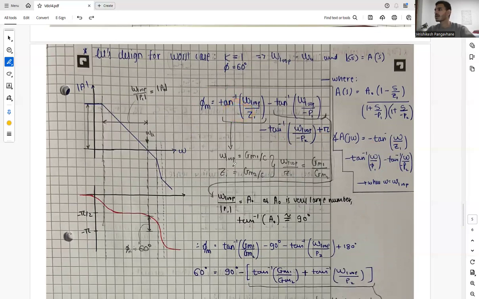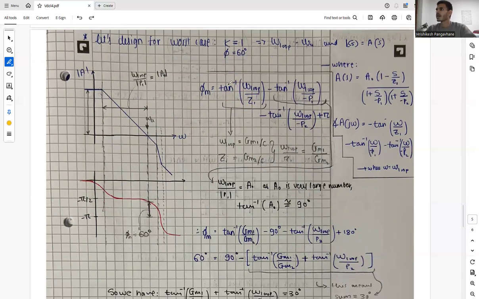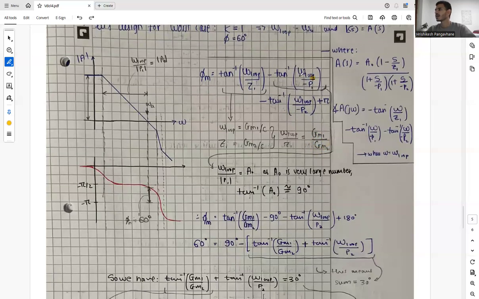Tan inverse of omega loop by z1: the value of omega loop is gm1 by c, and the value of z is gm2 by c. So omega loop by z1 is nothing but gm1 by gm2. Similarly, omega loop divided by the magnitude of p1 is nothing but a naught, which is a very large number.